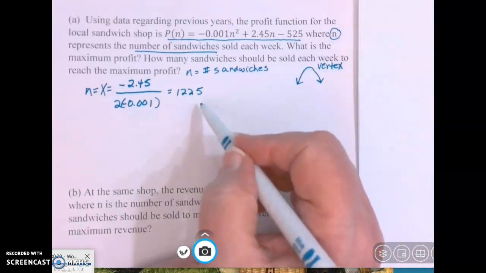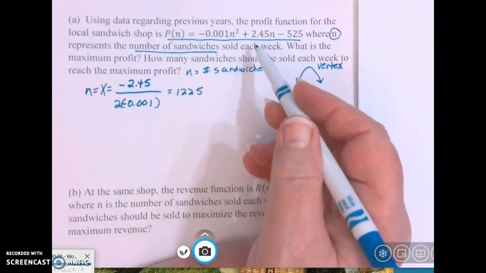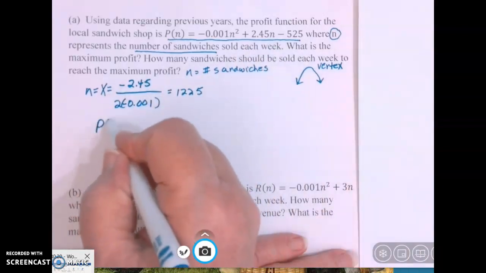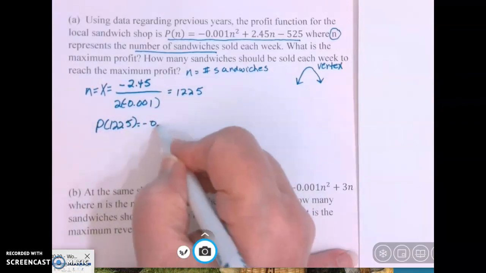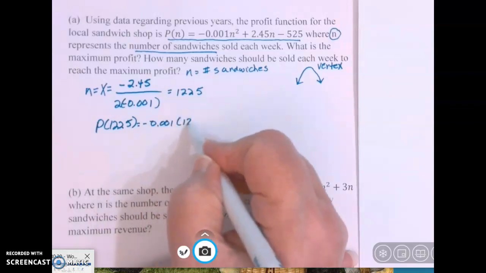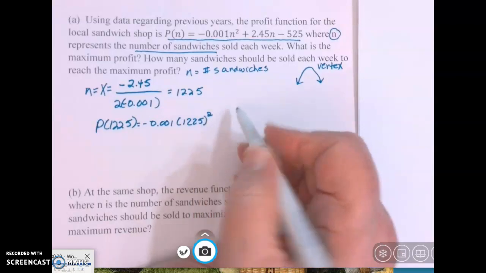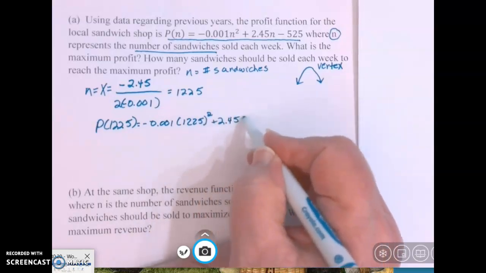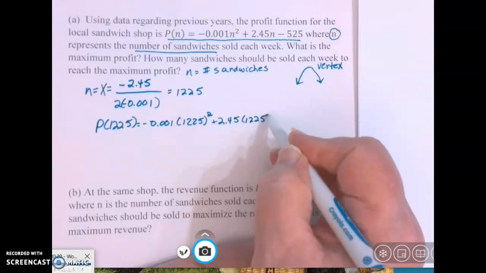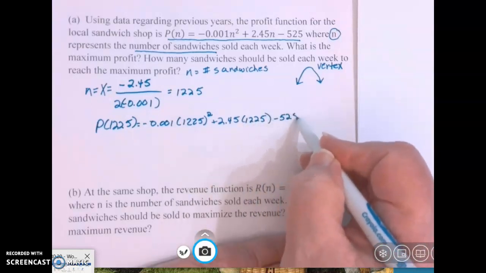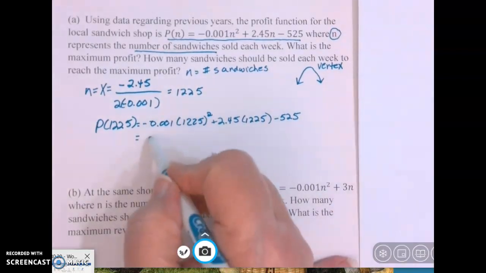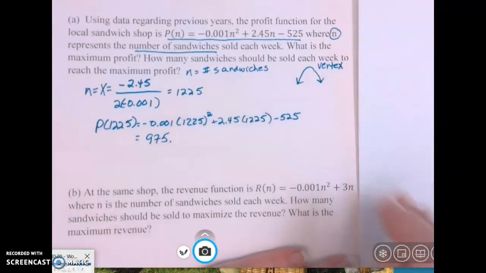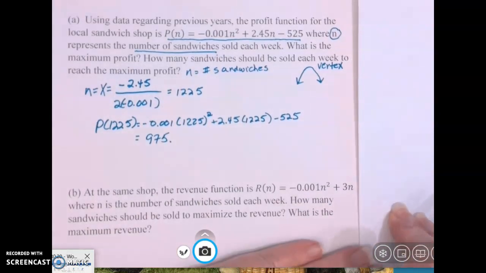So we're going to substitute 1225 back into the profit function and find P of 1225, and that will be negative 0.001 times 1225 squared plus 2.45 times 1225, and then subtract 525. And this ends up giving us 975.625.